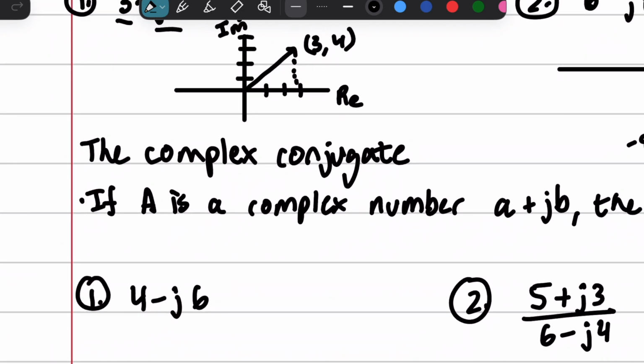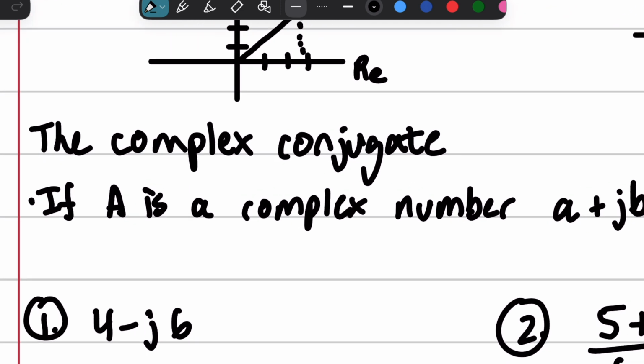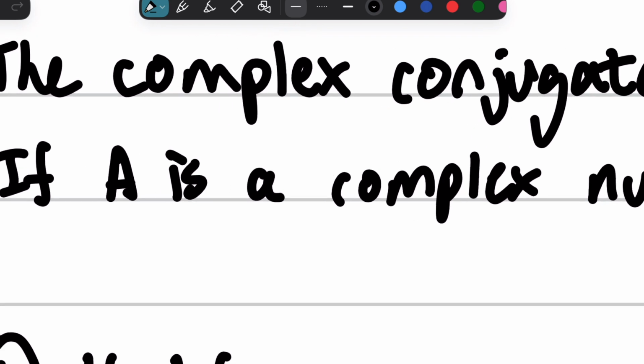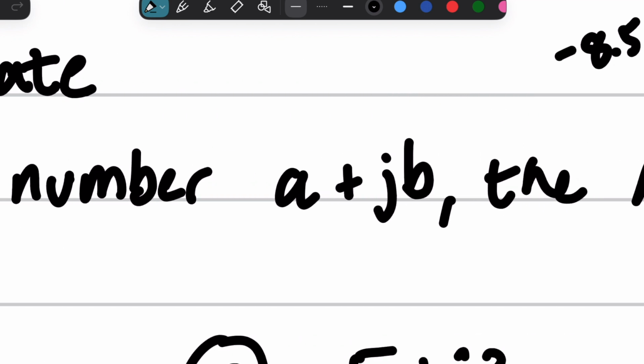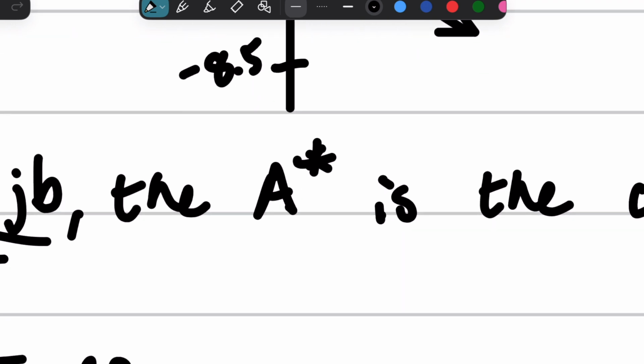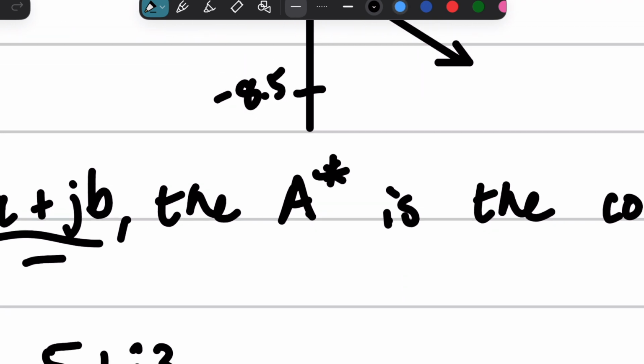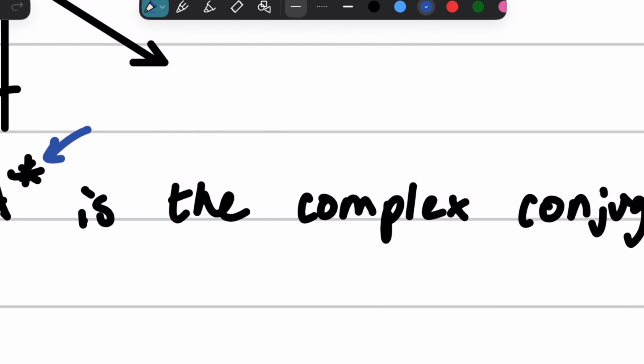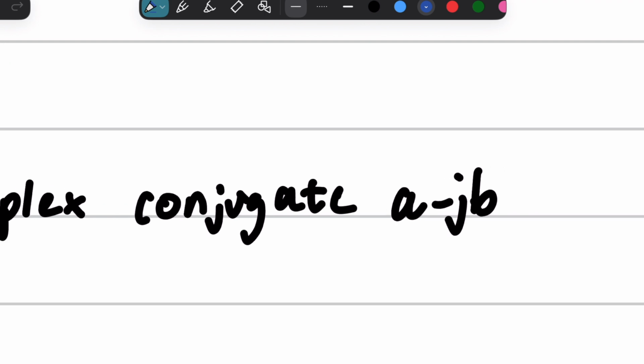Okay, the next thing that we need to know is the complex conjugate. If you have a complex number A plus JB, then the complex conjugate, which is denoted with an asterisk, is A minus JB.